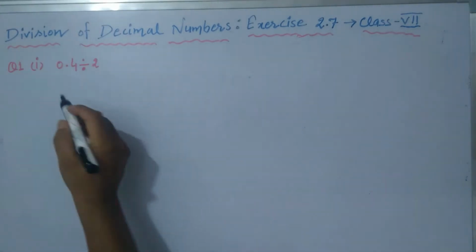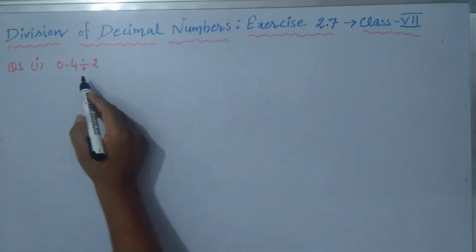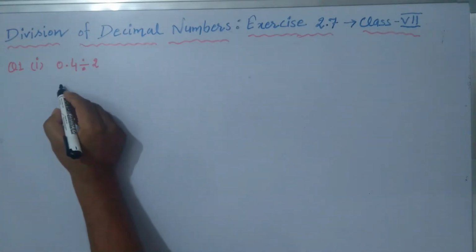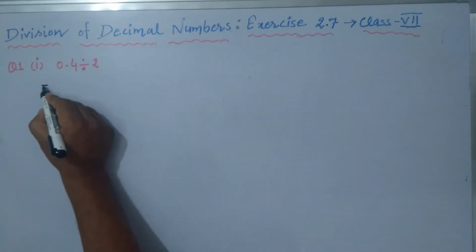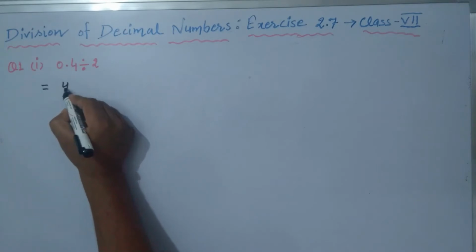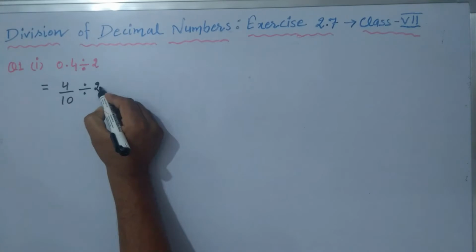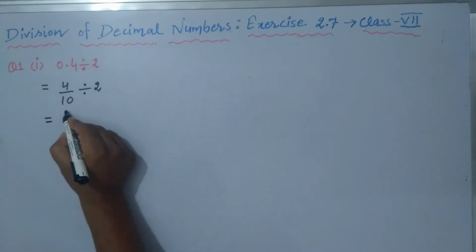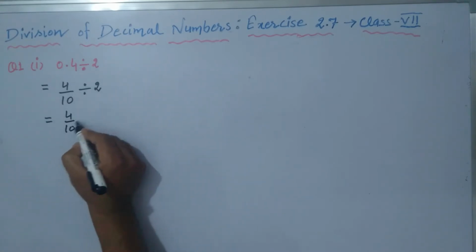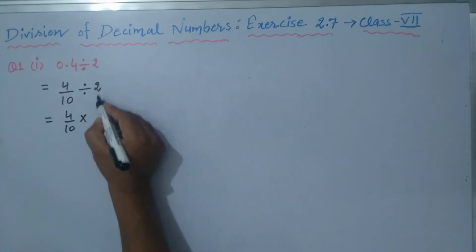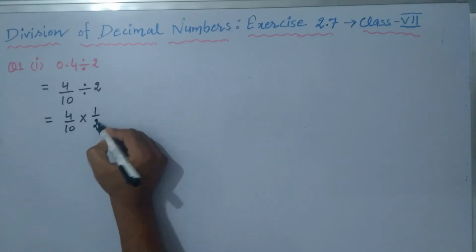Question number 1, we have 0.4 divide 2. So first of all we write this equal to 4 upon 10 divide 2. This means 4 upon 10 divide into 1 upon 2.